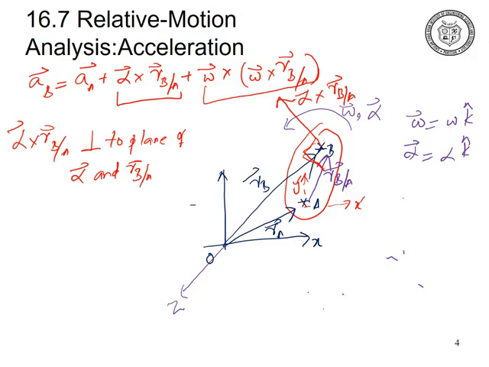Now what is the direction of omega cross RB with respect to A? It is basically in the same direction as we discussed previously.